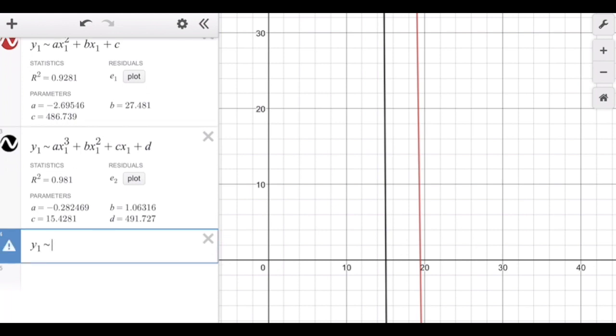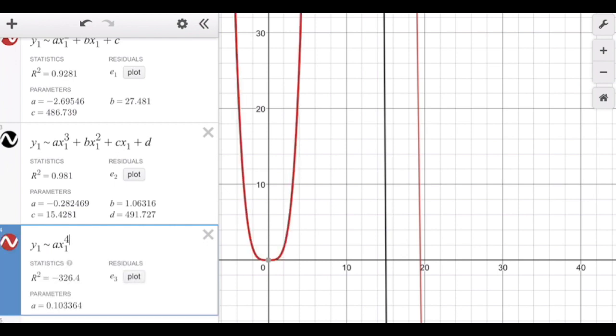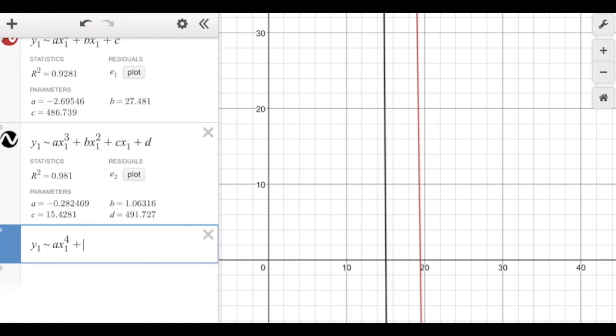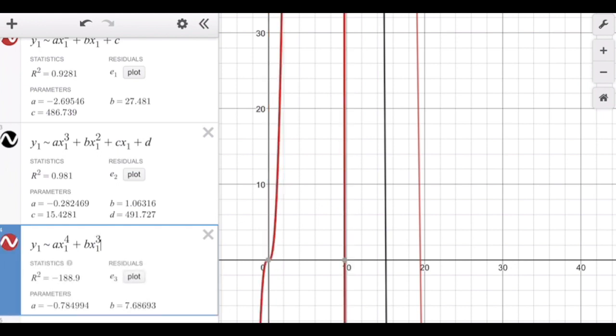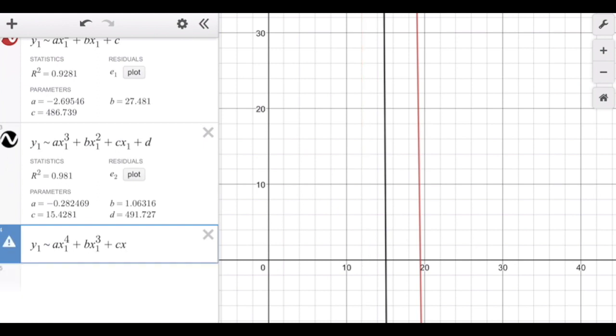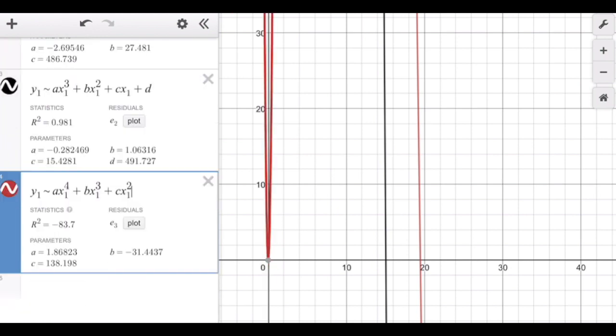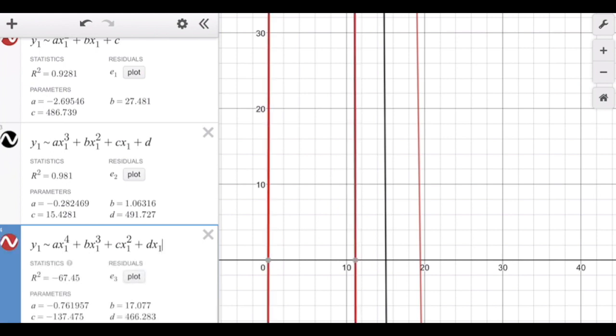is approximately equal to ax sub 1, except this power is going to be to the 4th power since we're looking at a quartic function, plus bx sub 1, and this x now is going to be cubed, plus cx sub 1 squared plus dx sub 1 plus e.